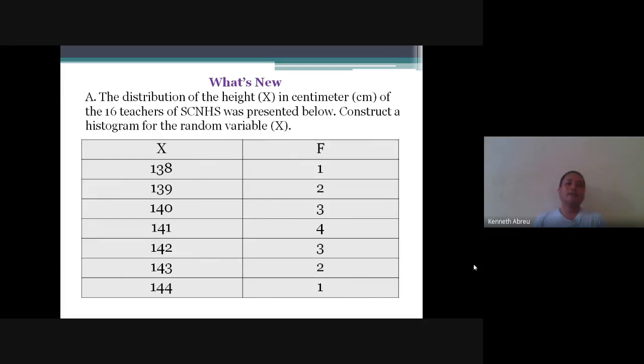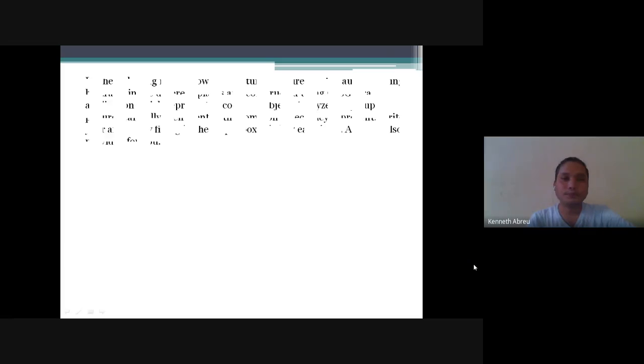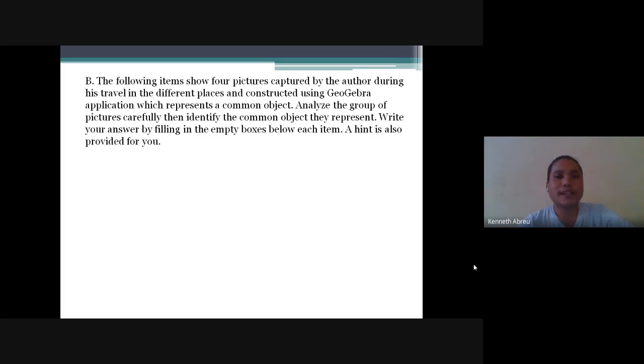If this would be the height, so we have 138 centimeter, 139, 140, 141, 142, 143, and 144, and its corresponding numbers of teachers who have that height. There is one teacher who has a height of 138, 2 for 139, 3 for 140, 4 for 141, 3 for 142, 2 for 143, and 1 for 144.